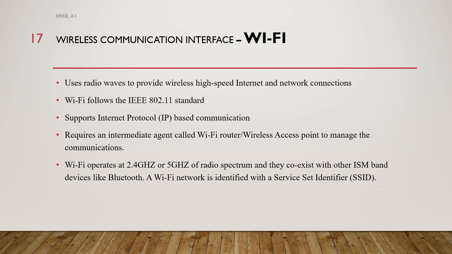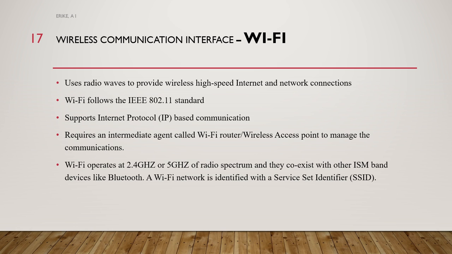Wi-Fi operates basically at 2.4 or 5 gigahertz of radio spectrum, and coexists with ISM band devices like Bluetooth. A Wi-Fi network is identified with an SSID.